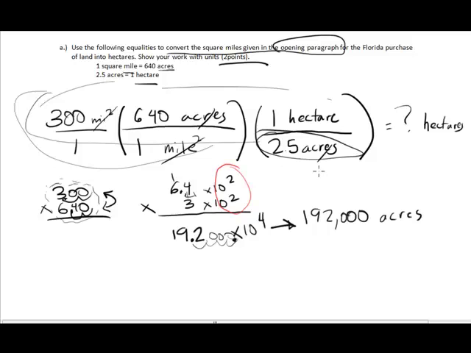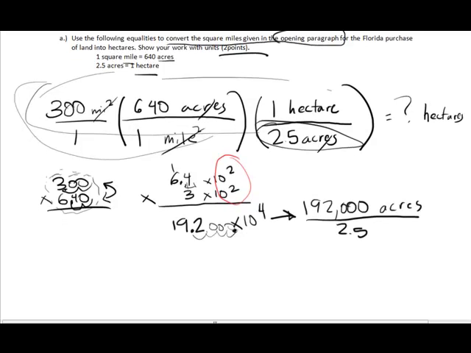Now the next step is to convert it into hectares, and to do that you can see that we have to divide by 2.5 as our next operation. This is probably the most difficult spot. If you wanted to do some math tricks, you can multiply by a whole number, 5, which is a pretty easy number to divide by. You could divide by 5 and recognize that your answer would be half as big as it should be.